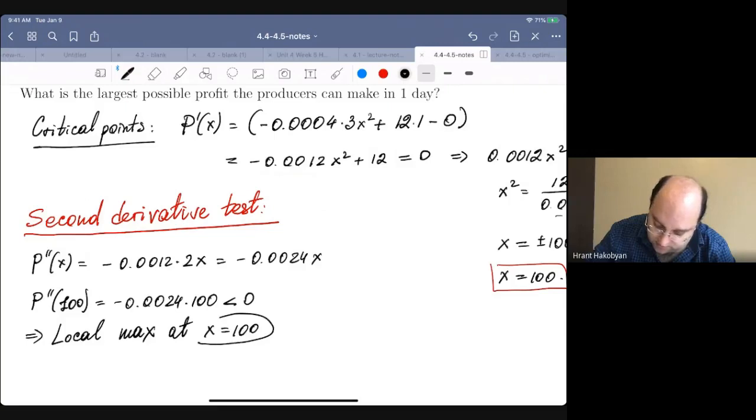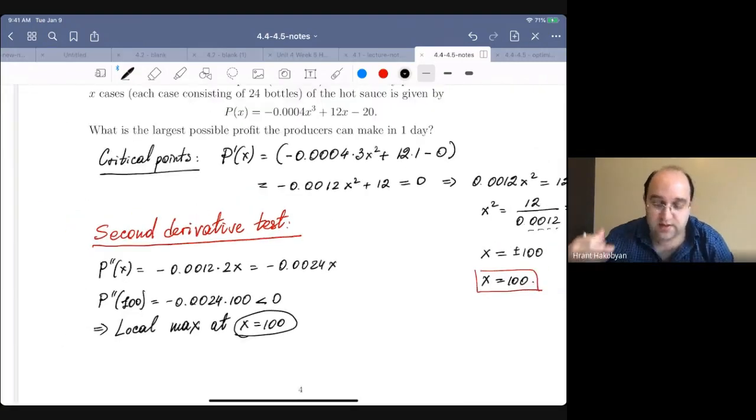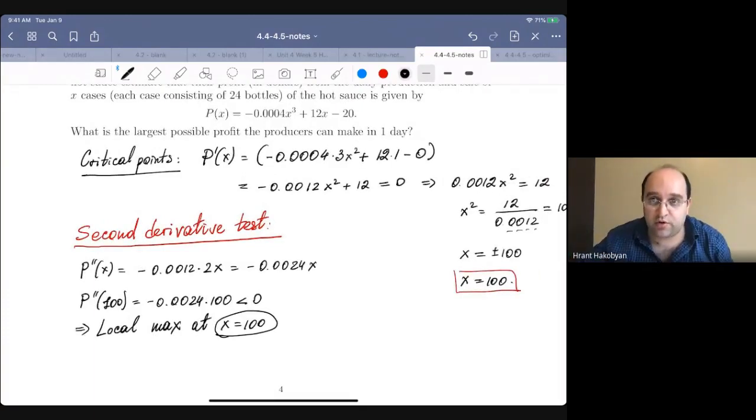Okay, so I have a local maximum at that point, and since there is just one critical point, there are no endpoints, or if you want, you consider 0 to be an endpoint, but at 0 you're going to have a negative profit anyway.